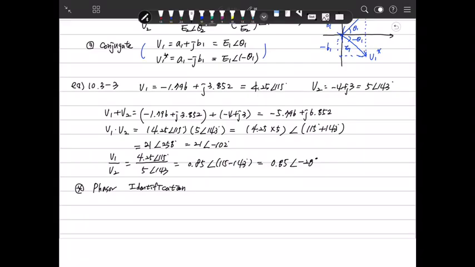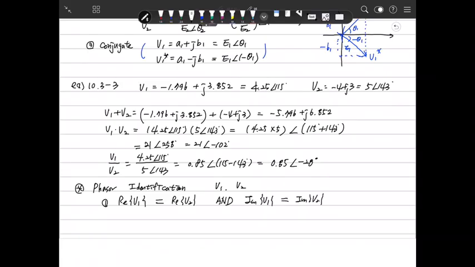If there are two phasors V1 and V2, then the real part of V1 and the real part of V2 are the same, and the imaginary part of V1 and the imaginary part of V2 are the same.